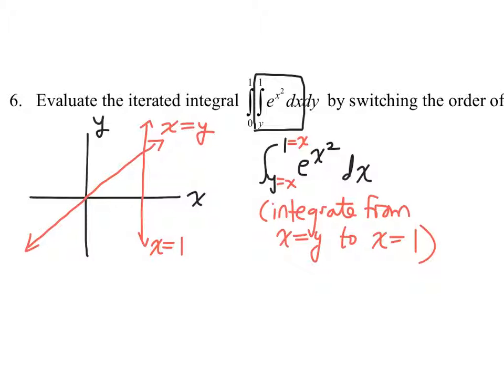All right, so what I want to do is just working from left to right, because we're integrating with respect to x, I want to collect all the values, all the area that is starting with the line x equals y and ending with the line x equals 1.